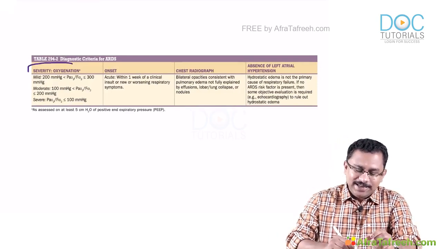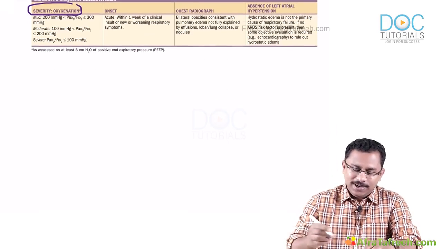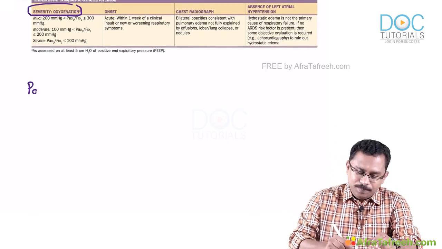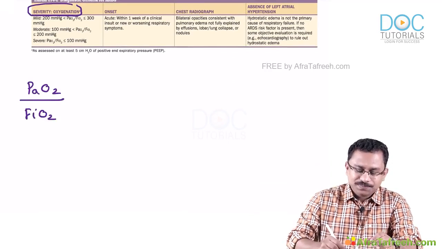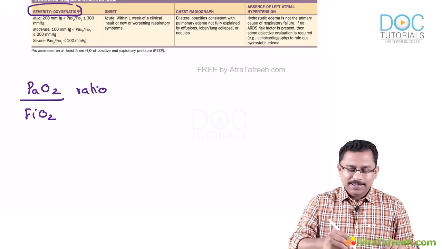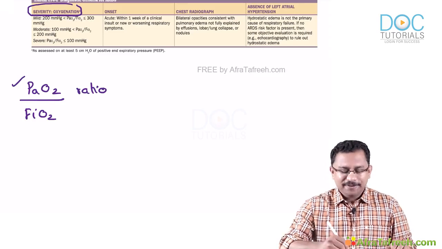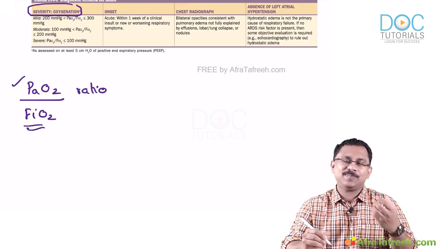The division is based on the oxygenation. You take into account your PaO2 to FiO2 ratio. Now, what is the significance of this ratio? See, PaO2 is your arterial oxygen, correct? And FiO2 is the fraction of inspired oxygen.